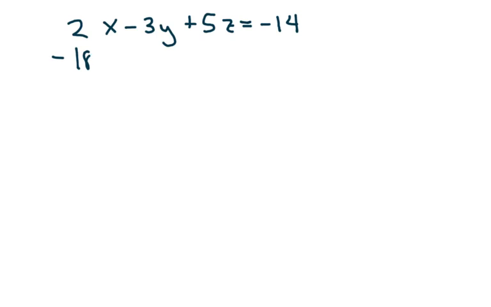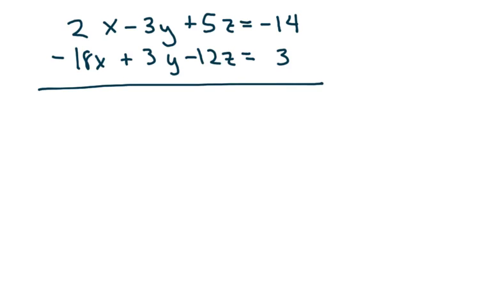So I get negative 18x plus 3y minus 12z equals 3. Now when you combine that, again, we're getting rid of the y. So we get negative 16x minus 7z equals negative 11.